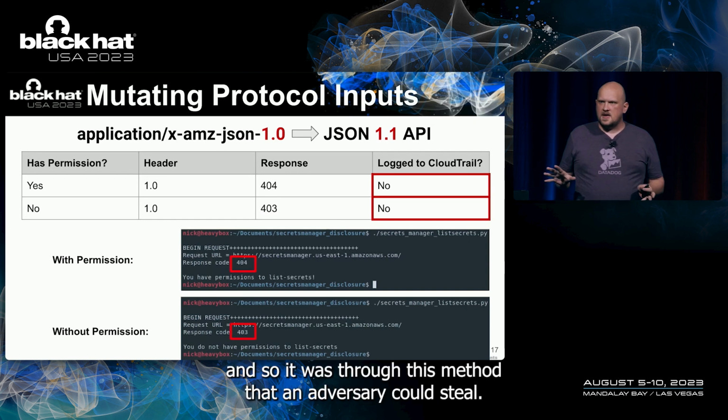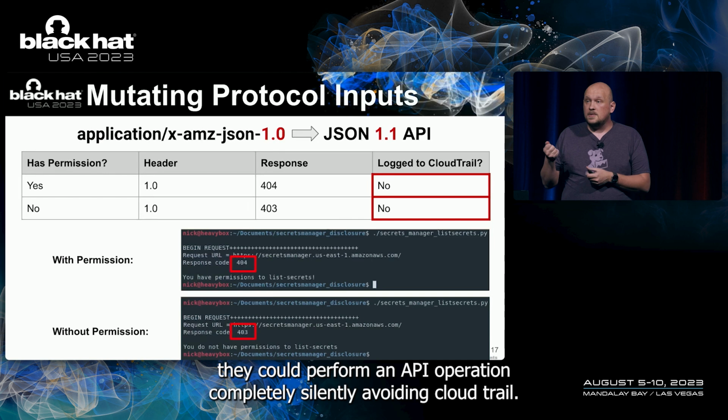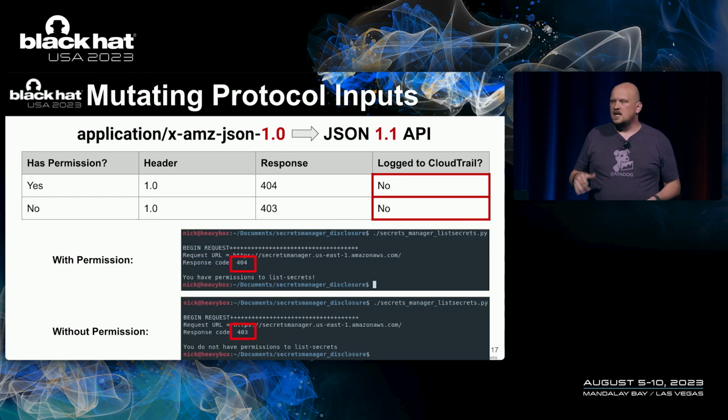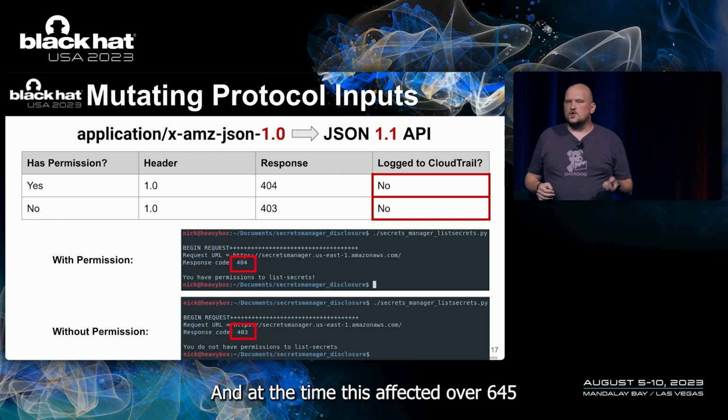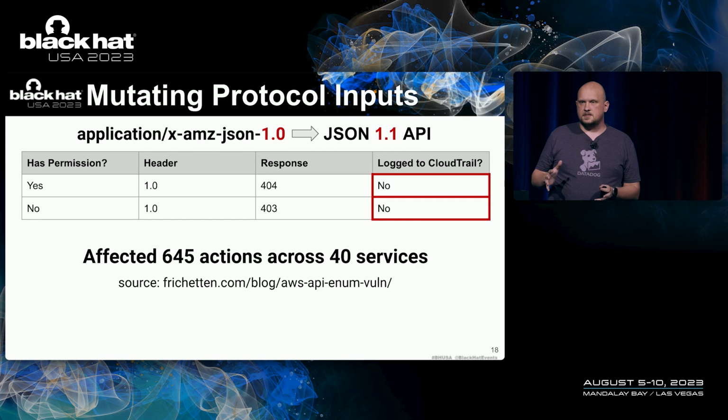And so it was through this method that an adversary could steal IAM credentials and by changing a single character in a header, enumerate whether or not they could perform an API operation completely silently, avoiding CloudTrail. And at the time, this affected over 645 actions across over 40 services.